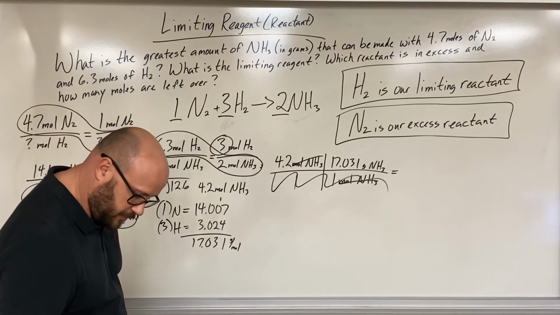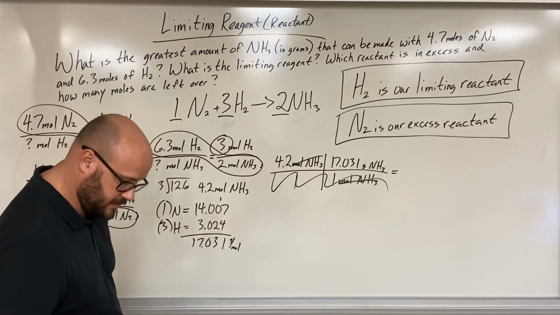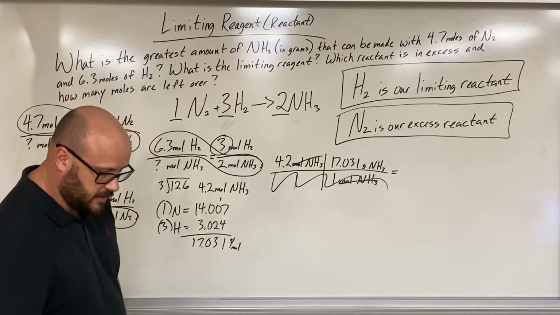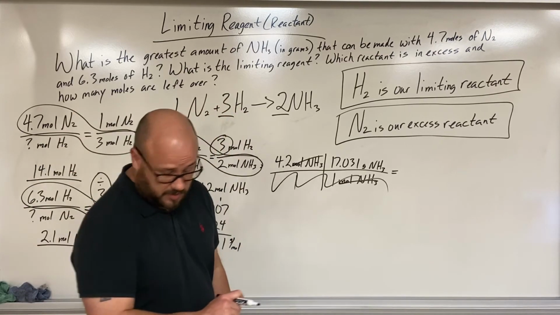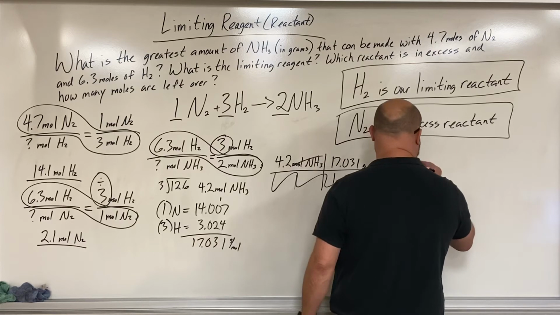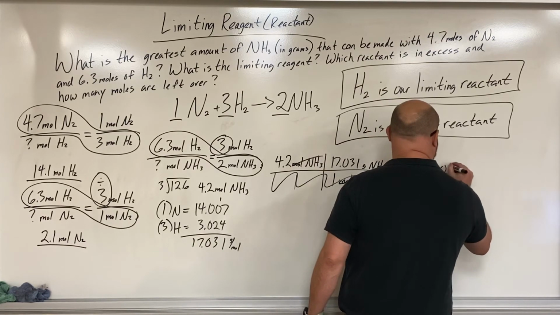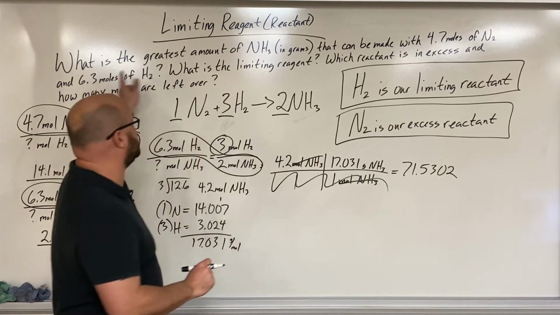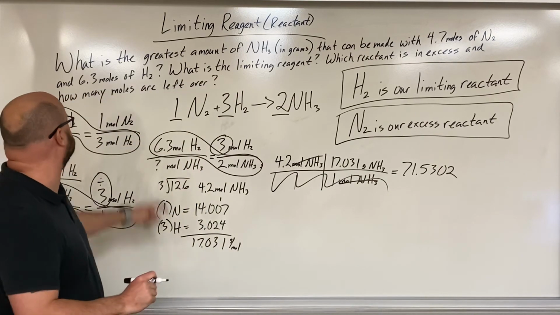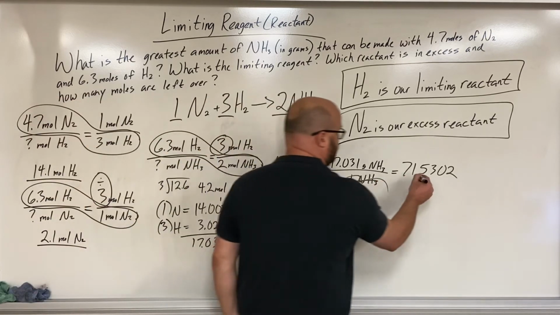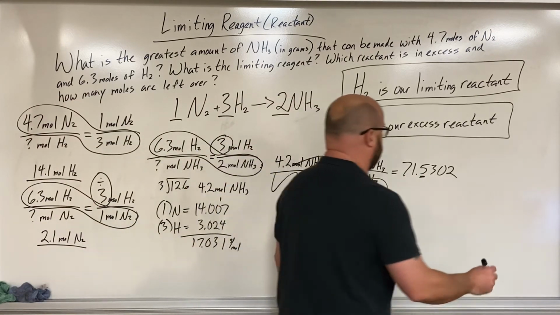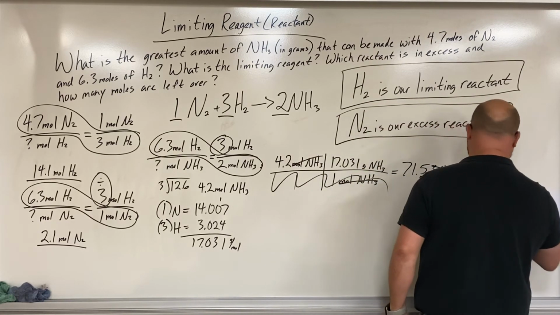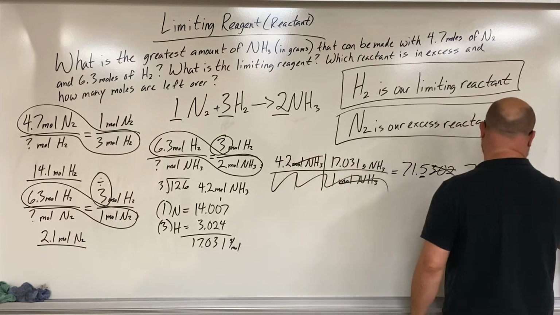We end up with 4.2 times 17.031, which is 71.5302. Our problem gave us 2 different numbers with 1 decimal point, so we're going to round to 1 decimal point. In this case, it's not going to do anything. 71.5 grams of NH3.